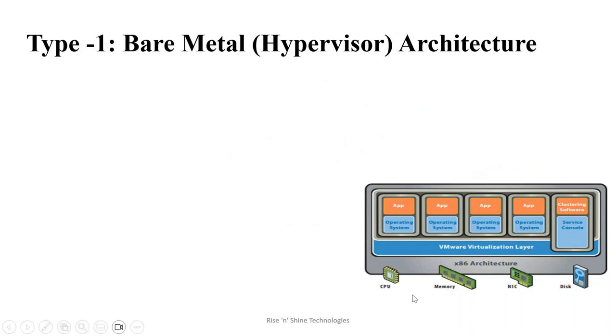Here the virtualization software directly takes all the hardware resources of the server, and we don't need any separate OS. We can directly install the hypervisor layer or virtualization layer, and share these hardware resources with the different virtual machines.